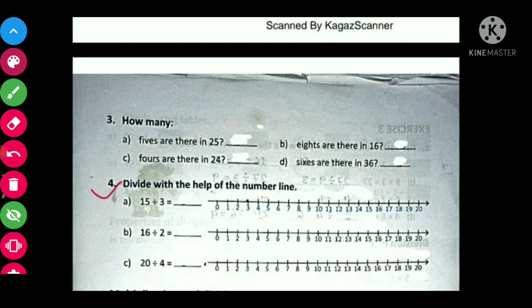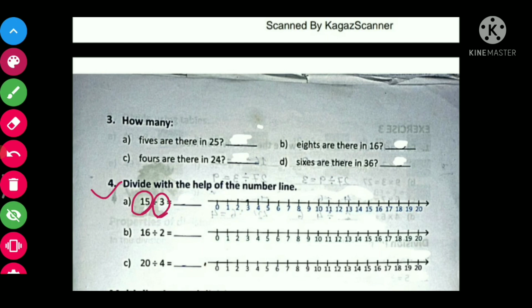Okay, now see 4th number question. Divide with the help of the number line. So we need to divide this number by using the number line. So see, this number indicates the steps. Okay, how many steps we need to take on the number line, and this number indicates the destination.